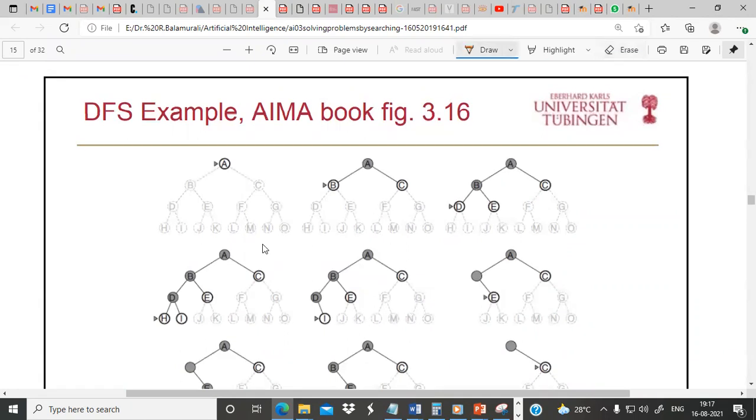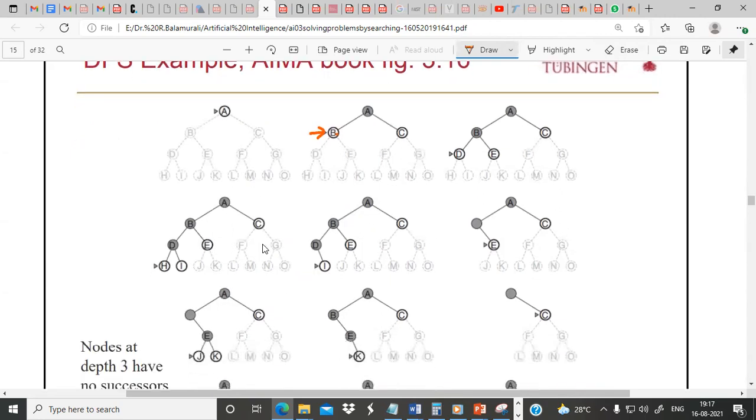First we check whether the root node is the goal state or not. If this is not the goal state, then expand the root node. When you expand the root node, you get B and C. Now go to the left and check whether B is the goal state or not. If B is not the goal state, then expand B. When you expand B, you get D and E. Then you check whether D is the goal state or not. If D is not the goal state, then expand D, and we get H and I.